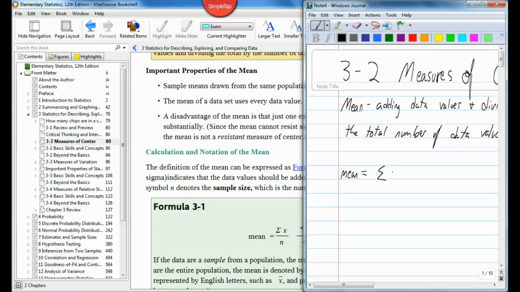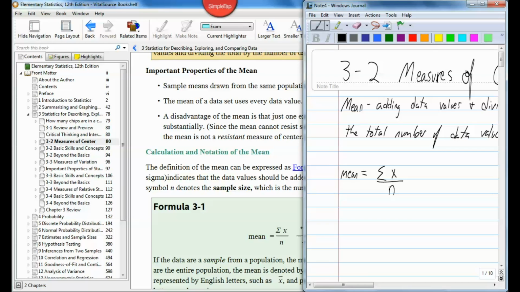So the mean is sigma x divided by n, where x is the data items and n is the number of data items. Sigma x means add up all the x values, or add up all the data items. n means divide by that number of data items.